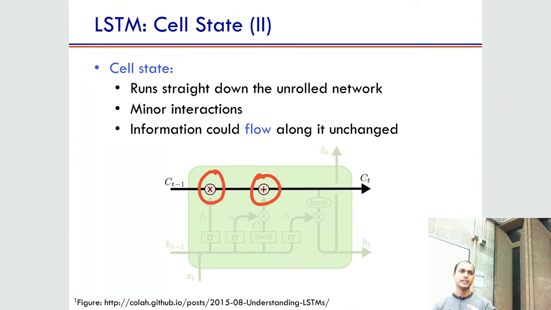We'll discuss what that is later on. And whatever the output is, it is getting added element-wise with some other vector. Those are the two operations that I'm going to do on this cell state vector.